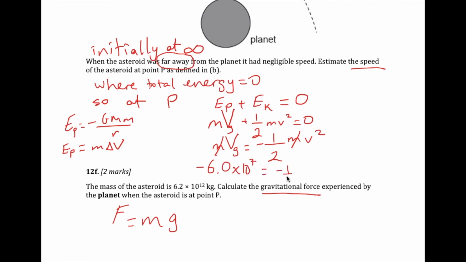That's equal to minus 1/2 v squared. These minuses will cancel each other. Put the 2 on this side, take the square root, and you find 1.1 times 10 to the power of 4 meters per second.